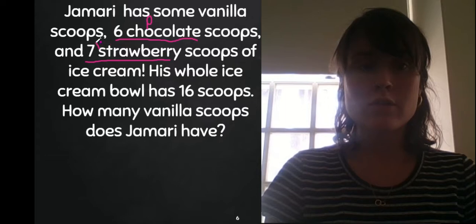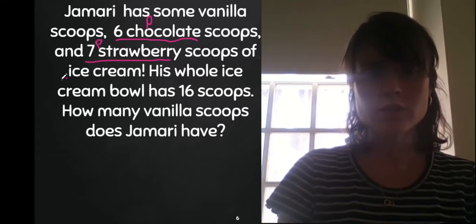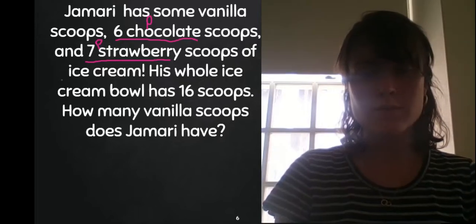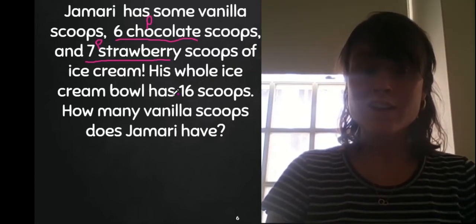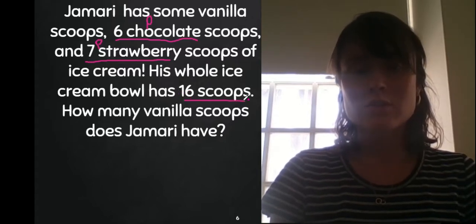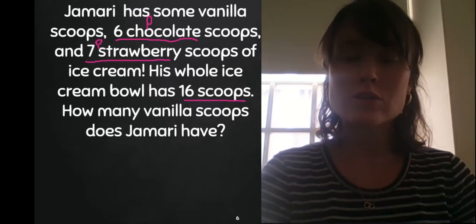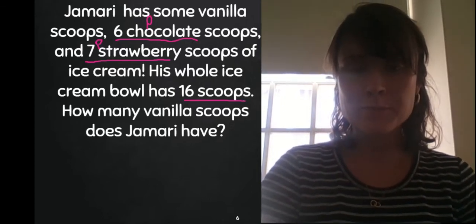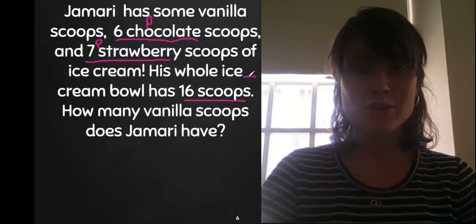P for part. Anything else that the story already told us? Good. We know that his whole ice cream bowl has 16 scoops. Ooh, so what does that 16 represent? Is that just the part or is that the total number of scoops? Good job, team. That's the total. So I'm going to write T for total.